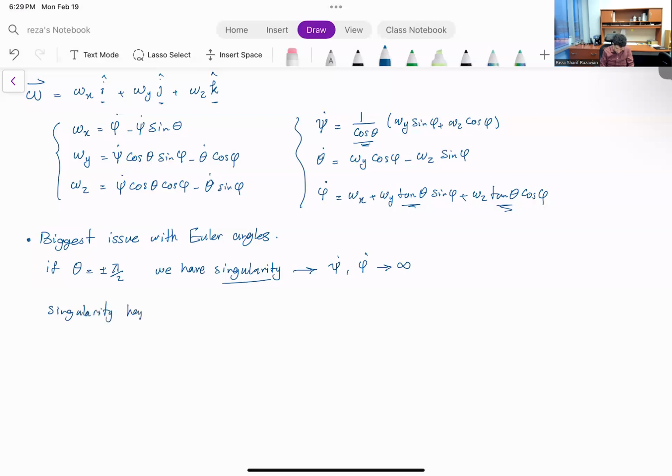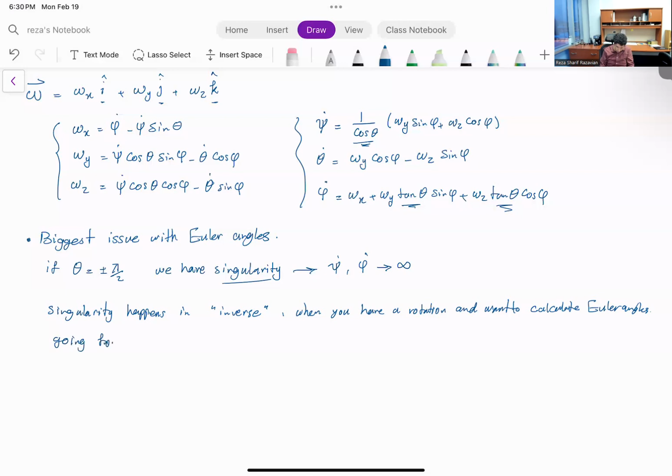Singularity happens in what I call the inverse. When you have a rotation and calculate Euler angles, or the rate of change of Euler angles, that is the other way around.